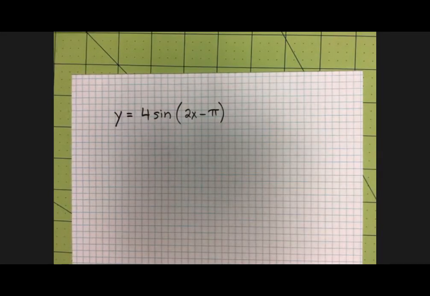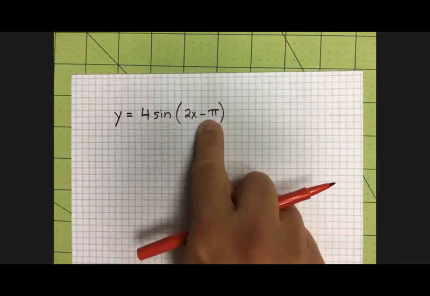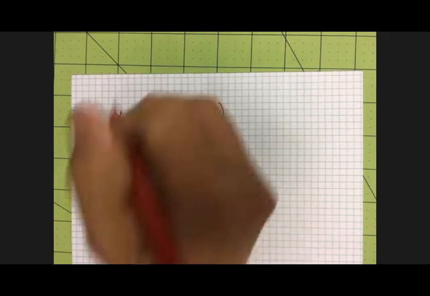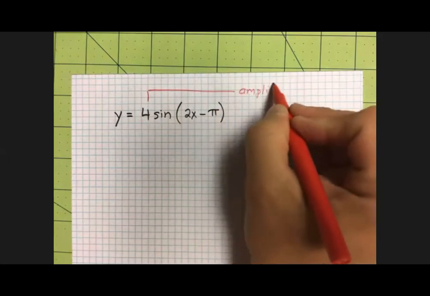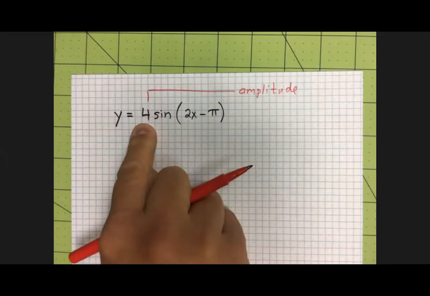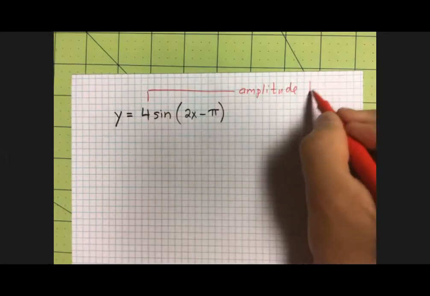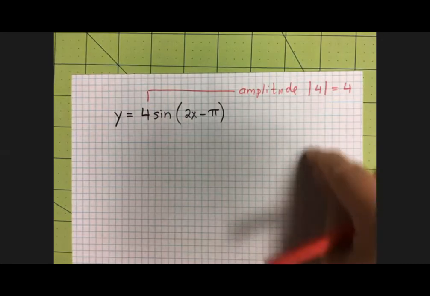You'll know what each one of these pieces means, except for this time I've added something being subtracted from the x here. You know that this is the amplitude. And you don't take the number there, like -2 in the last problem, you take the absolute value. So this thing goes up and down 4 units.